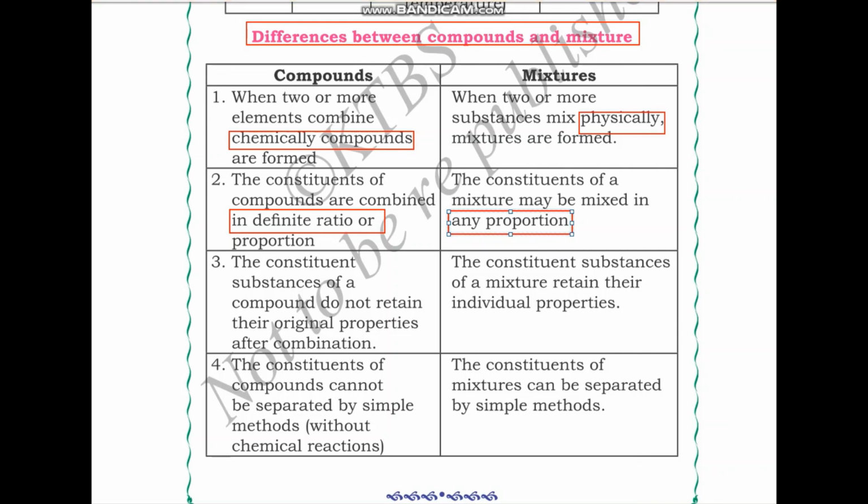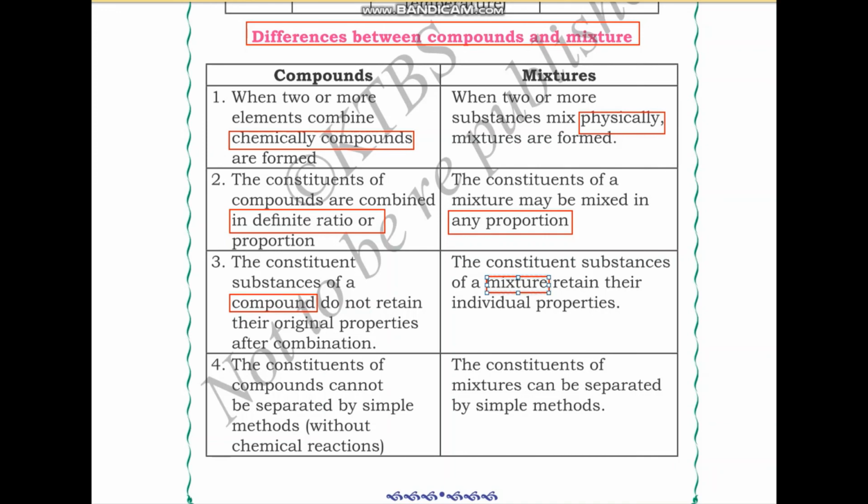Whereas the constituent substances of a mixture retain their individual properties. So we saw that compounds like water, which is made up of hydrogen and oxygen, do not have any properties of hydrogen or oxygen, right? But the constituents of a mixture retain their original properties.